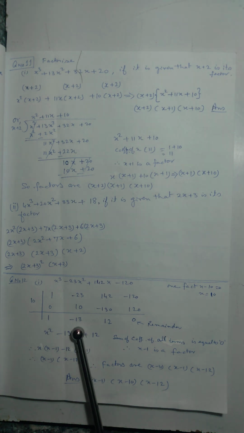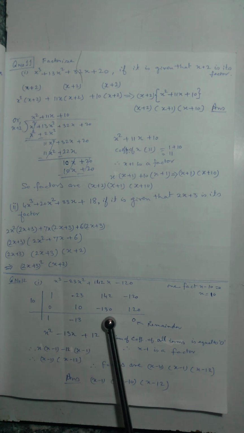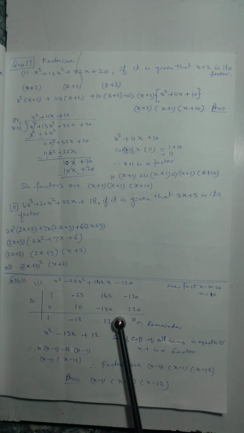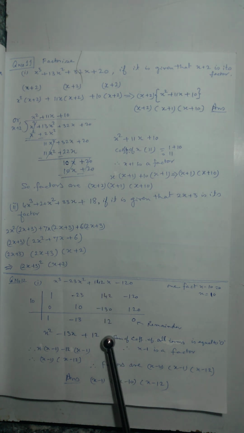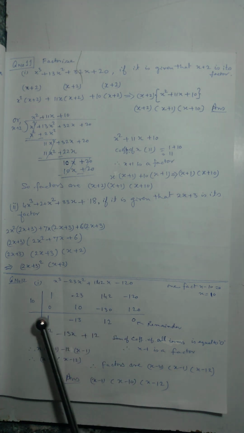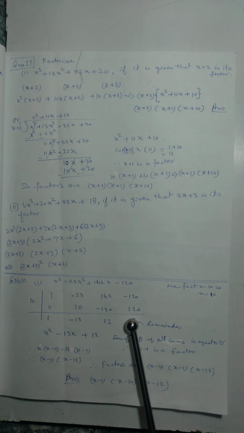Now once you have got minus 13, multiply it with 10, you will get minus 130, and on the top it is plus 142. While you add it, you will get 12. Now this 12 will be multiplied by 10 and put it here, 120, add it, you will get 0.